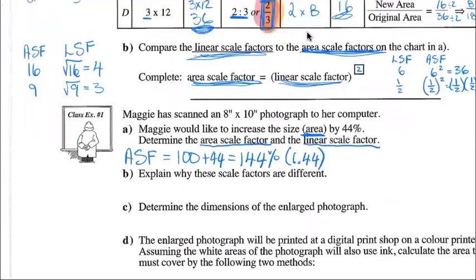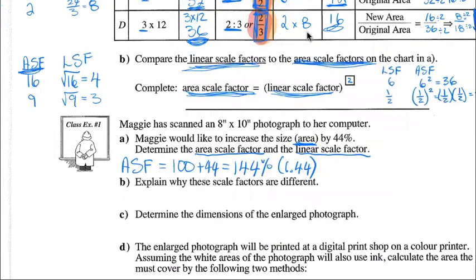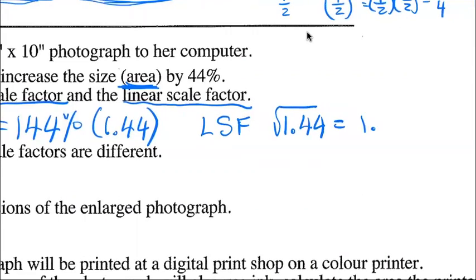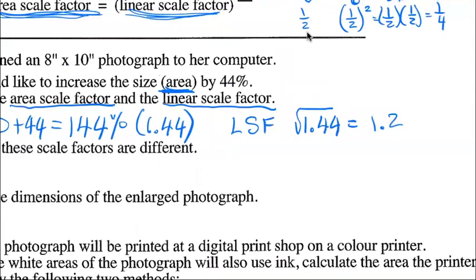And remember, to go from area scale factor to linear scale factor, you square root. So that's my area scale factor. To get my linear scale factor, I take the square root of 1.44, which gives me 1.2. And you can try that on your calculator to test it.